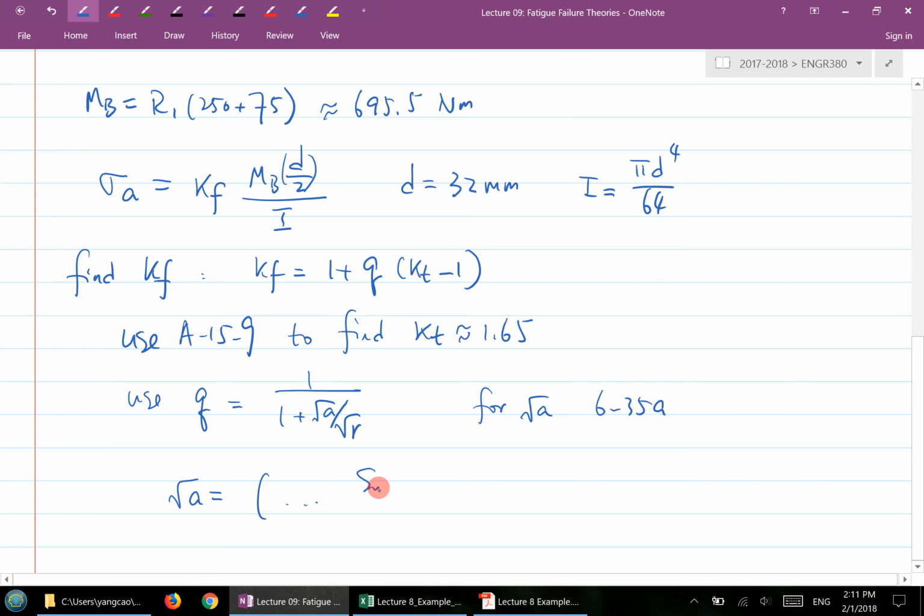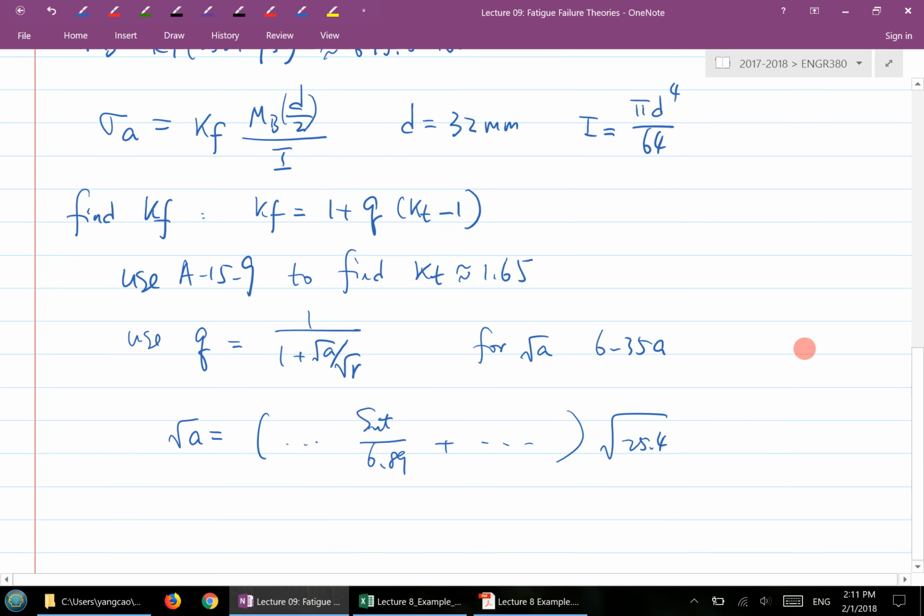Whatever Sut value you find is probably in ksi, so you divide it by 6.898, and then multiply by 25.4. This is basically a root millimeter unit. So that 6-35a needs to be modified to do this.